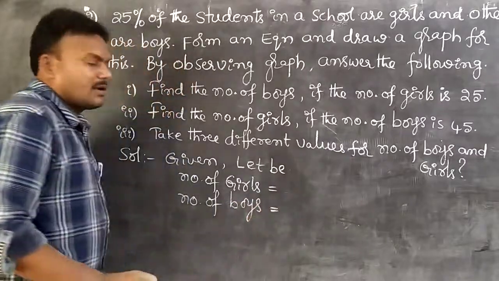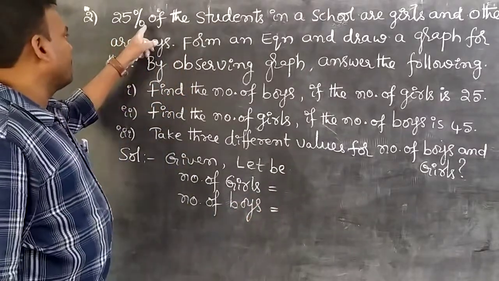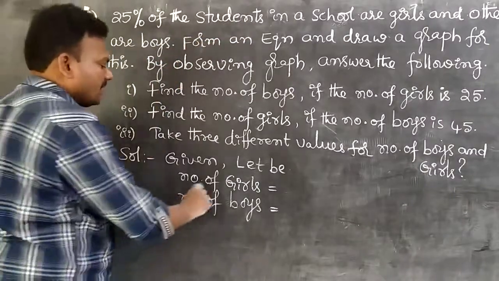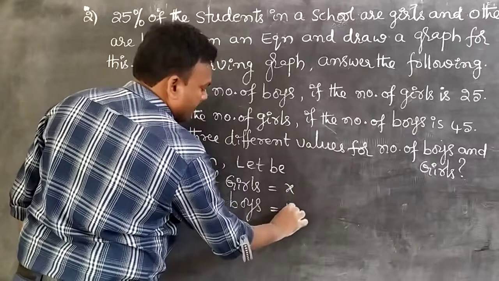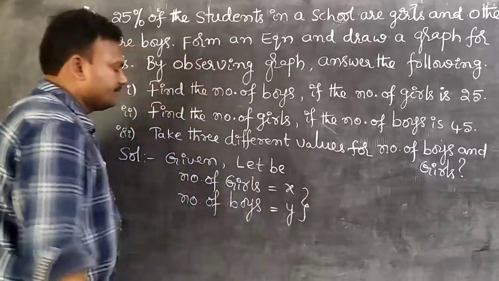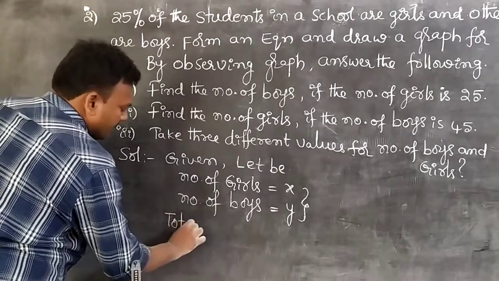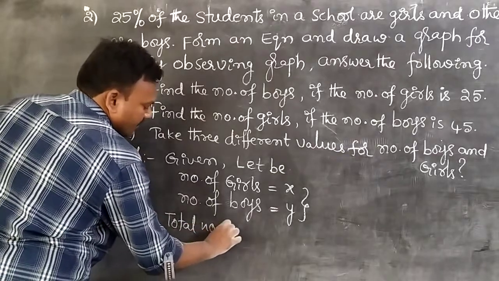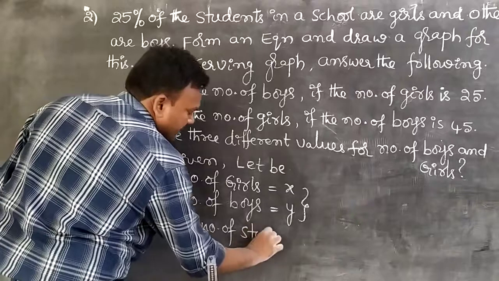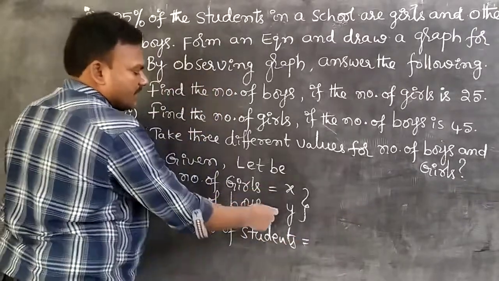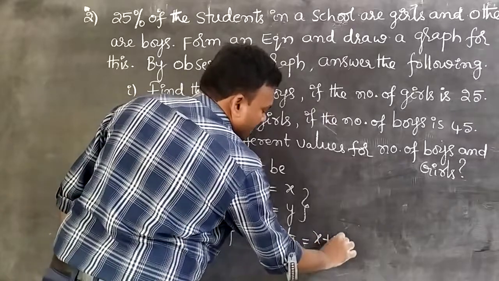Why I take the number of girls first: here 25% of the students in a school are girls. So the number of girls equals X and the number of boys equals Y. And the total number of students, boys and girls, is X plus Y.